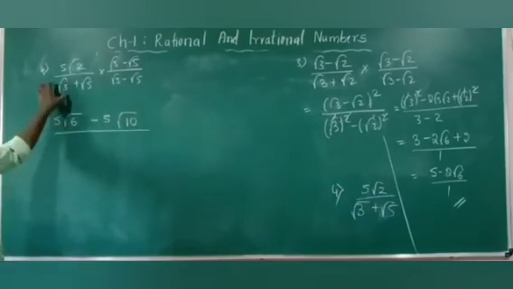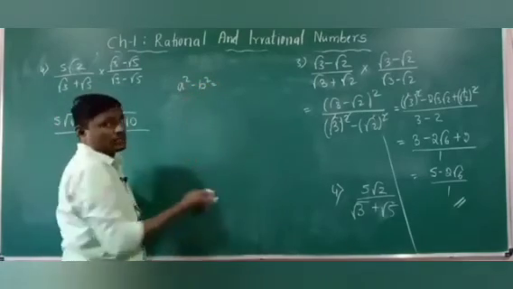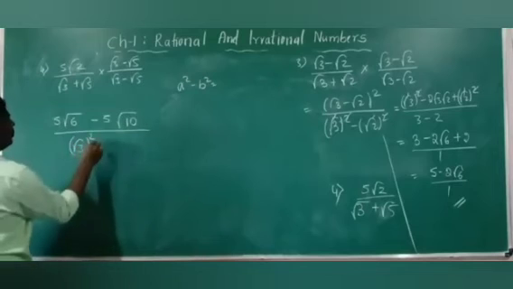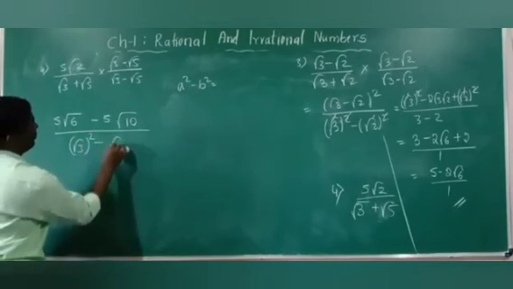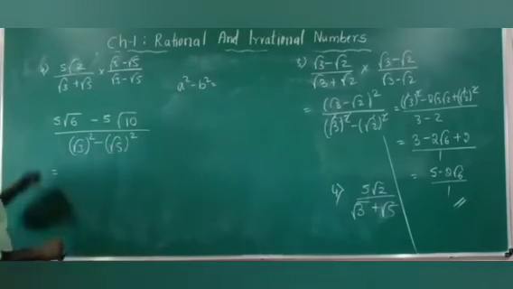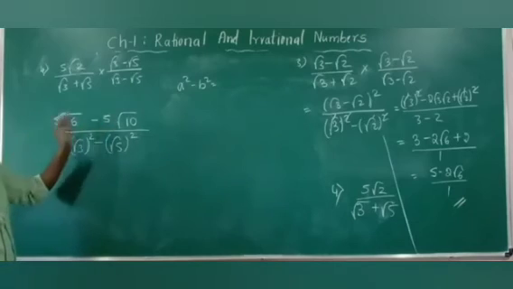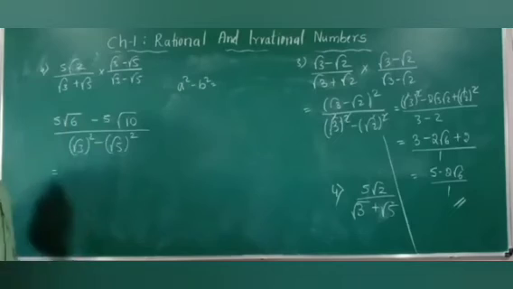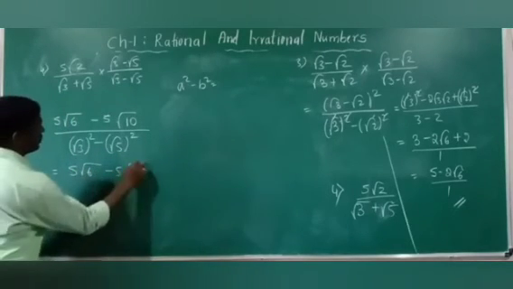Divided by the denominators, which are in the form of a square minus b square. How can you write this one? A plus b into a minus b. So square root of 3 whole square minus square root of 5 whole square. We cannot add the numerator because we have two different numbers inside the radicals, so write the numerator as it is, root 6 minus 5 root 10.